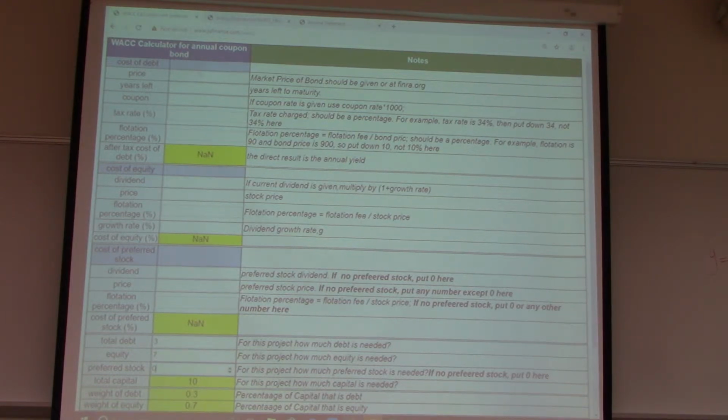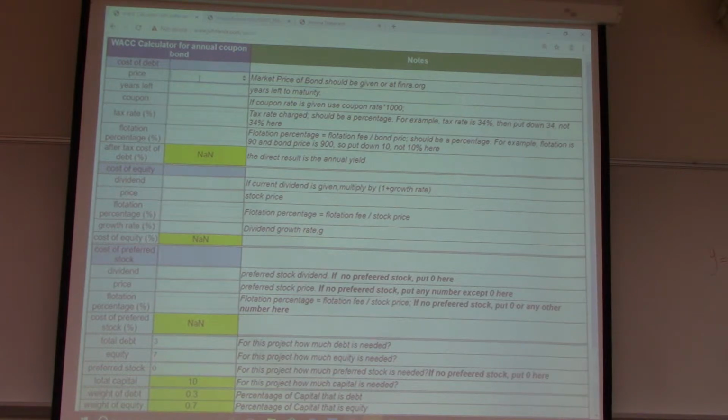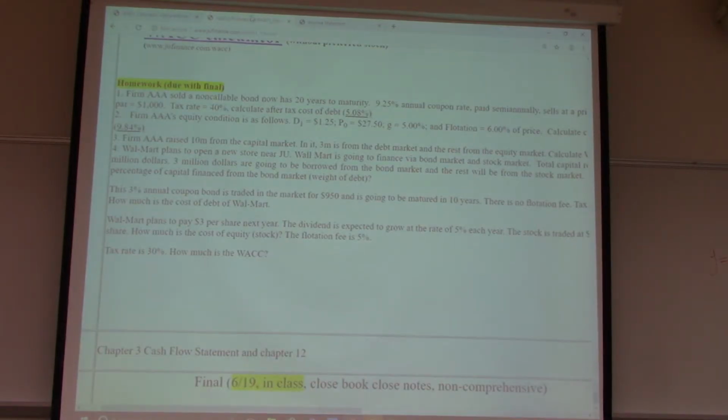So this is this part, and that's 950, 10. It has to be 30% and 0, right? And the dividend is 3.